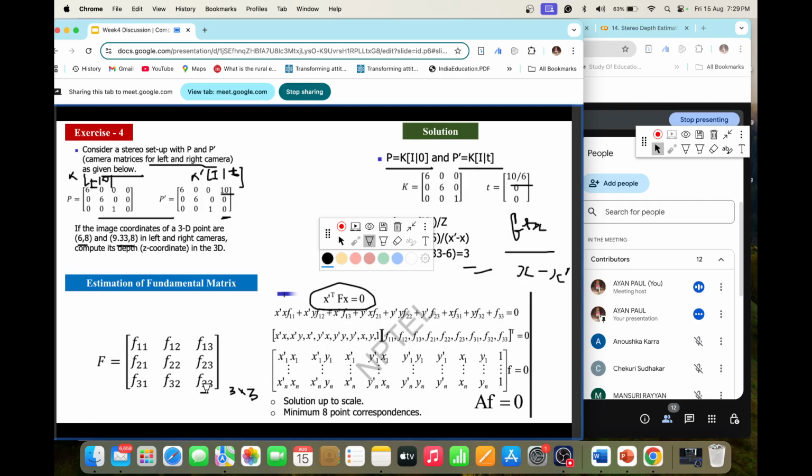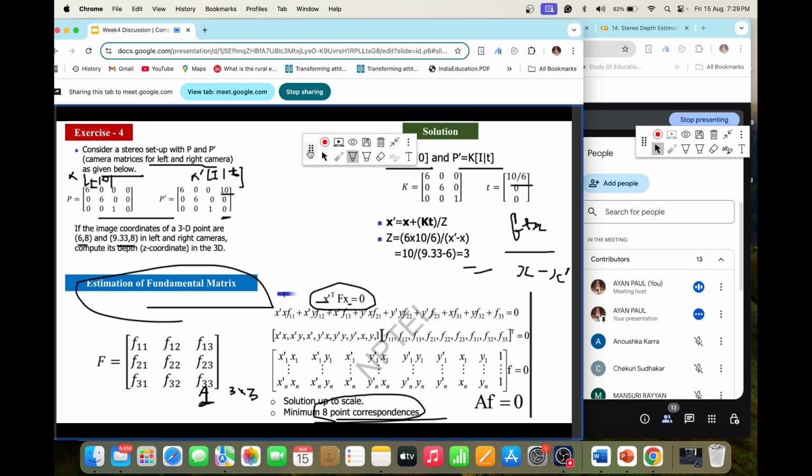That means we need a minimum of 8 point correspondences to compute the F matrix, the fundamental matrix.